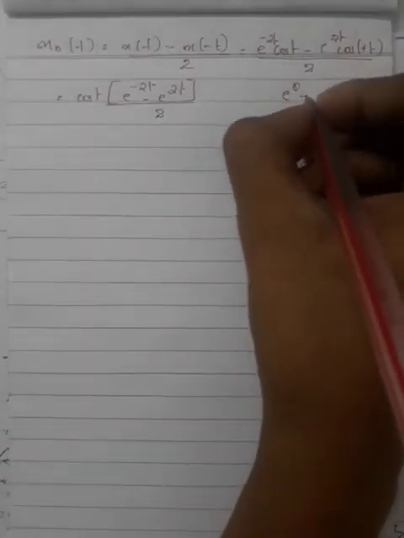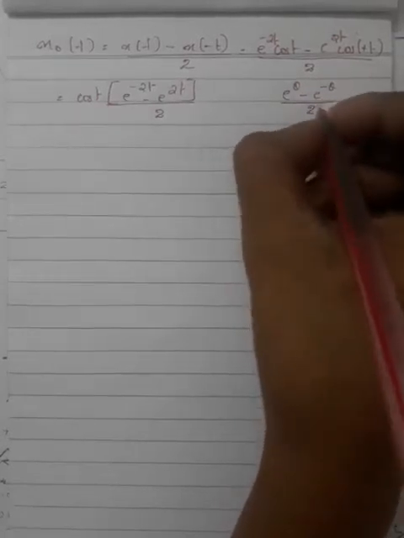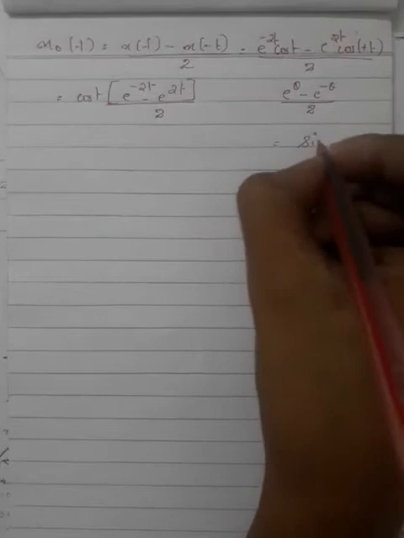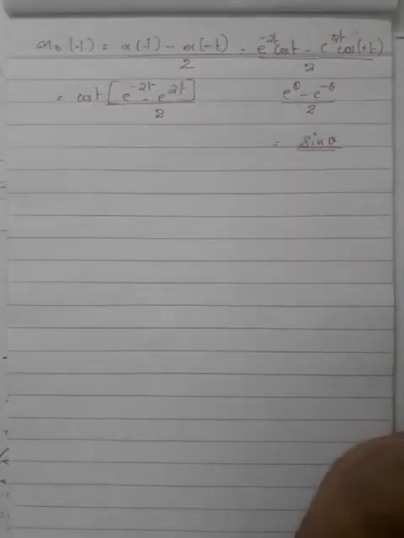Now we should know that e raised to theta minus e raised to minus theta by 2 is equal to sin theta. E raised to theta plus e raised to minus theta by 2 is equal to cos theta, and when it is the minus, it is sin theta.